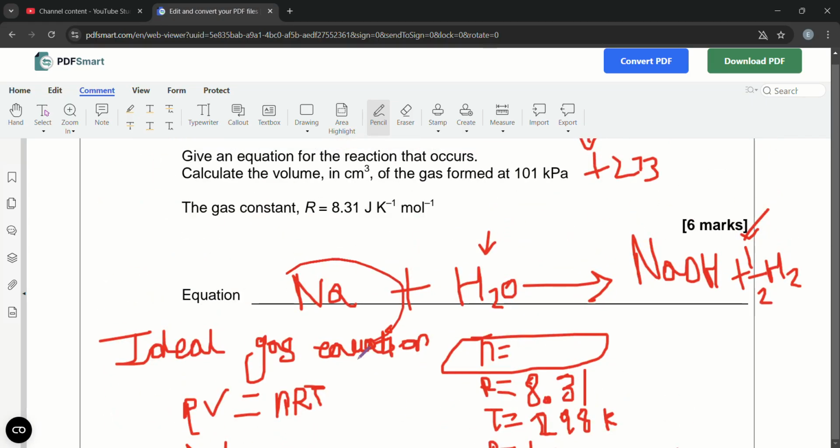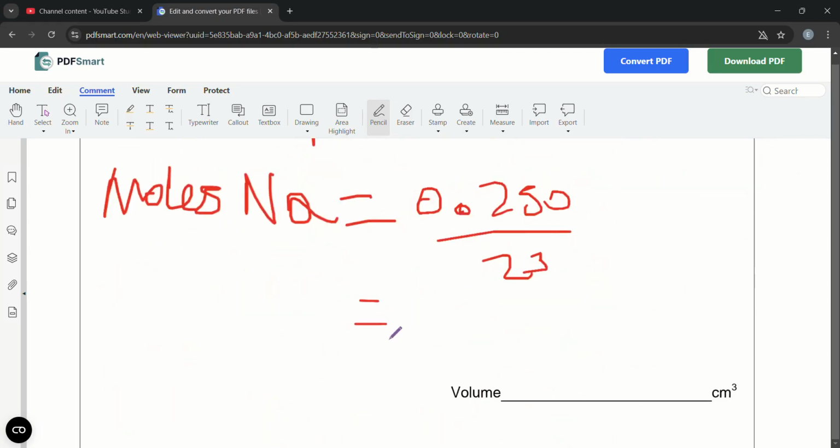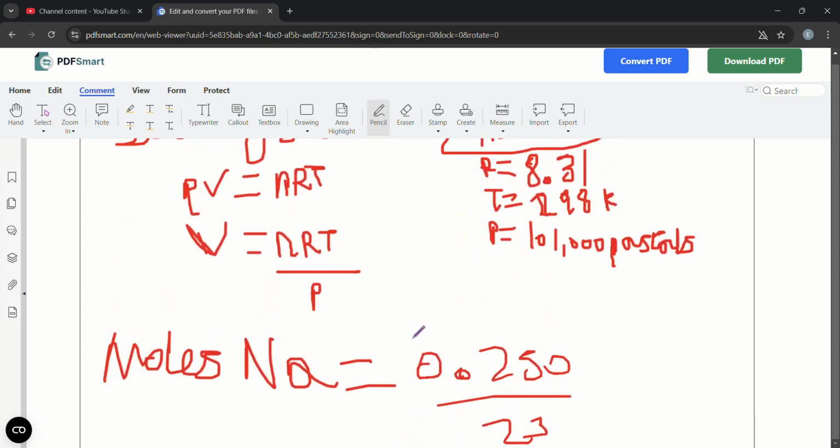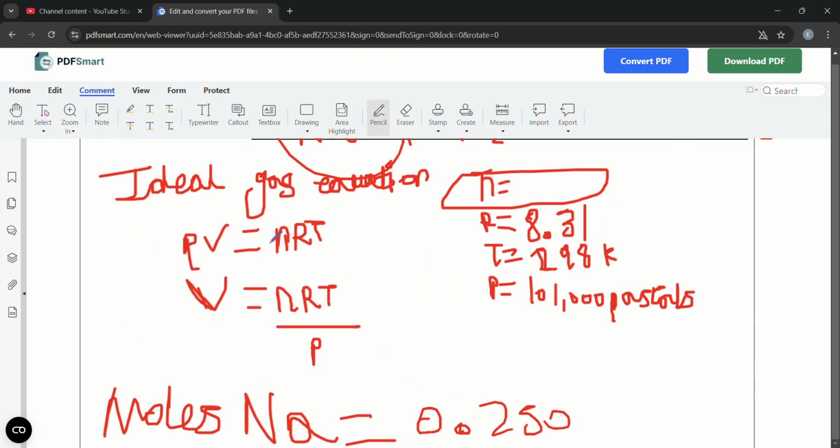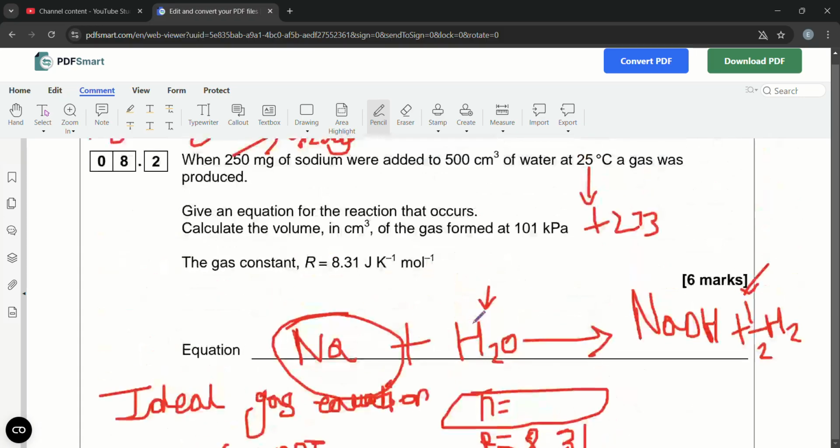Remember, it's just sodium by itself. That will give us 0.0109 moles. And now you guys are like, now we just substitute it into the equation, get the value, life's simple.